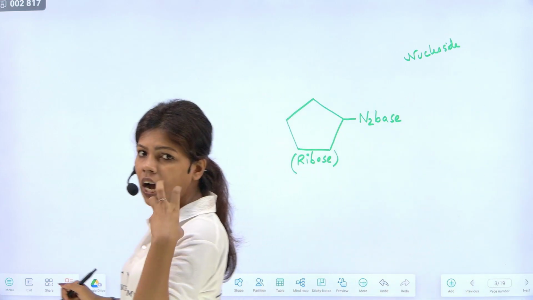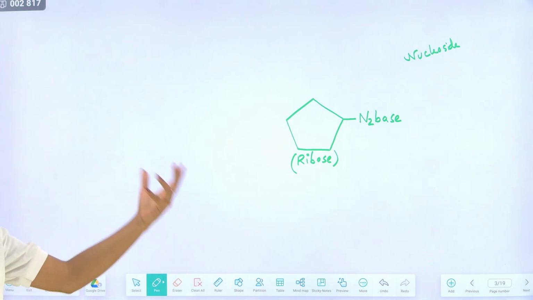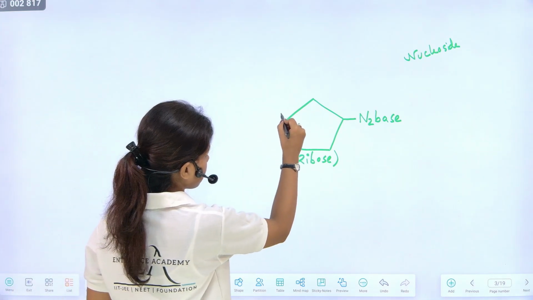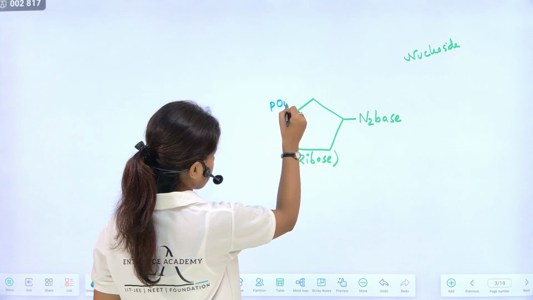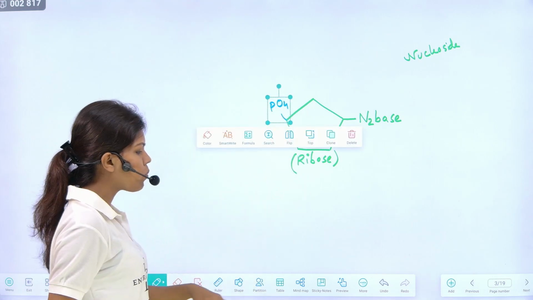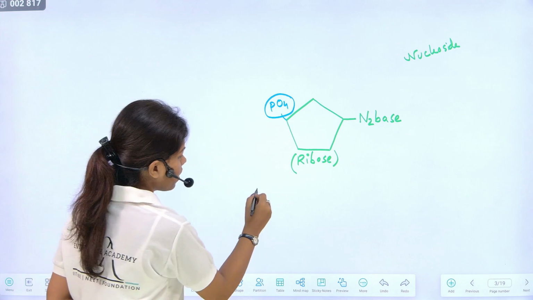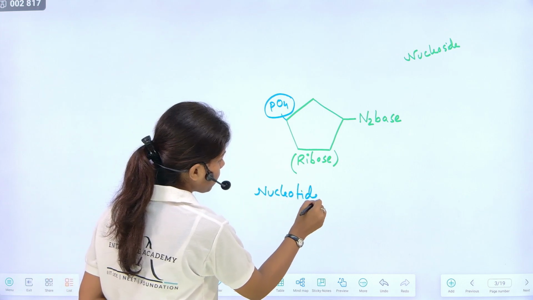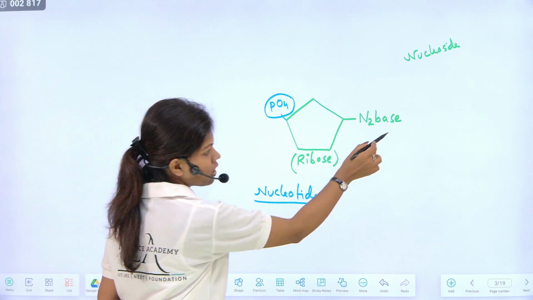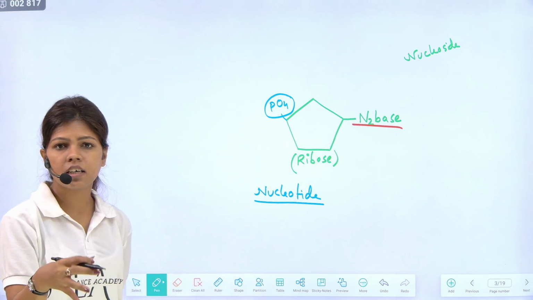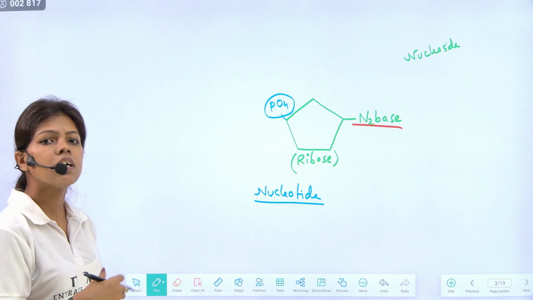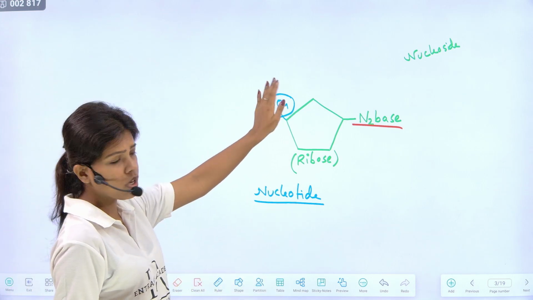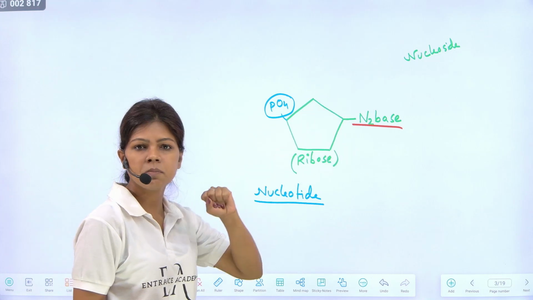And when a phosphate group comes and attaches to it, it forms the complex of nucleotide, like this. So the various components of a nucleotide are a pentose sugar, a phosphate group, and a nitrogenous base. And whenever it is nucleoside, there will be no phosphate group, only ribose sugar and nitrogen bases.